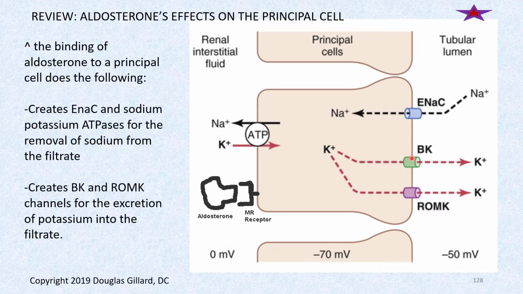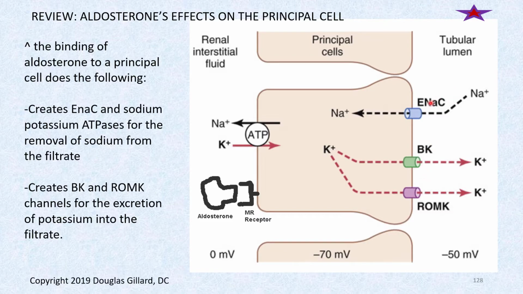So now we have potassium moving through these channels and getting kicked out in exchange. We've got a positive sodium going this way, and a positive potassium going that way. So there's a nice little trade-off there. All right, what else do I need to say about that? I think that's all the deeper we're going to get on that.